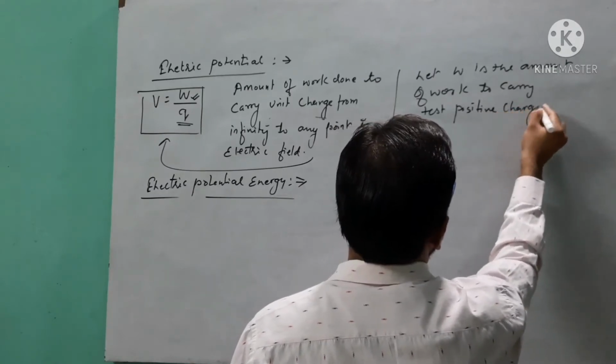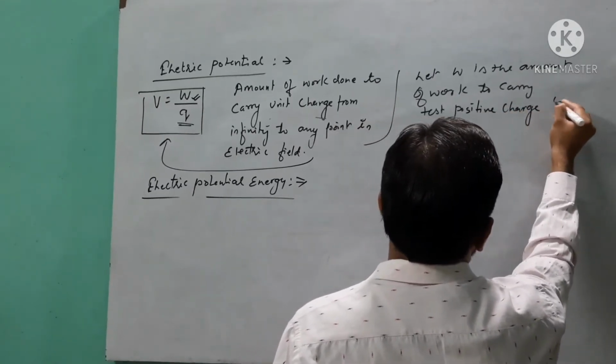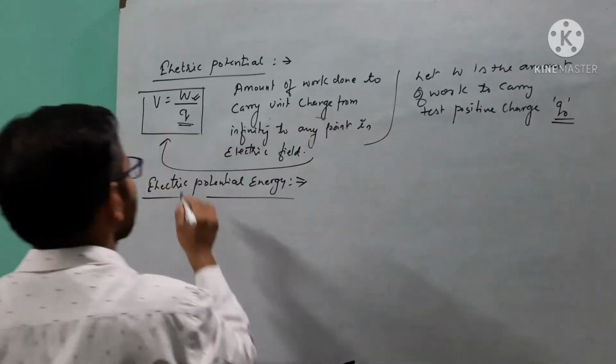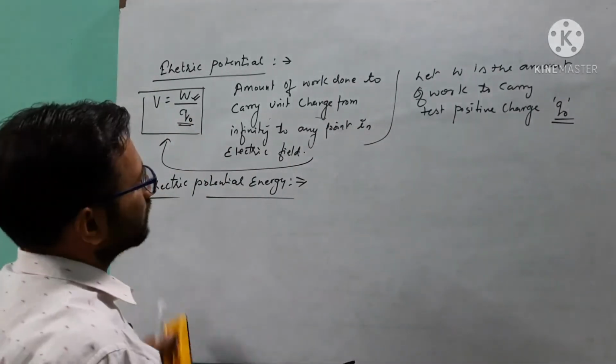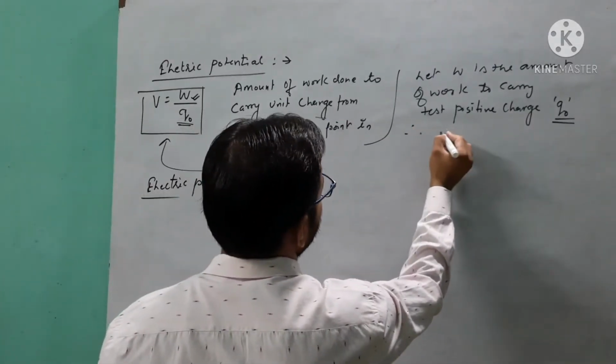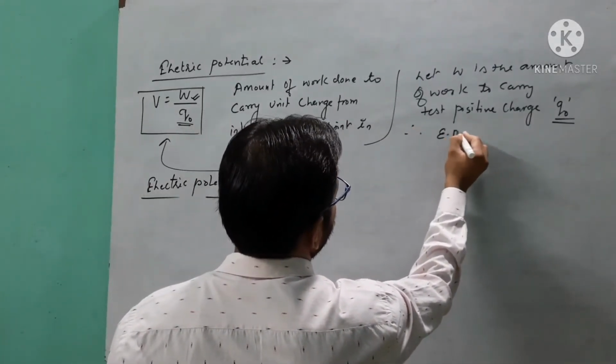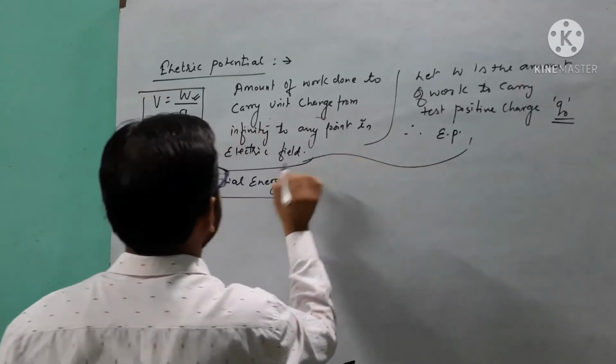We will represent this test positive charge as q naught, so in this formula I will also write q naught. Therefore, the electric potential V is equal to this.